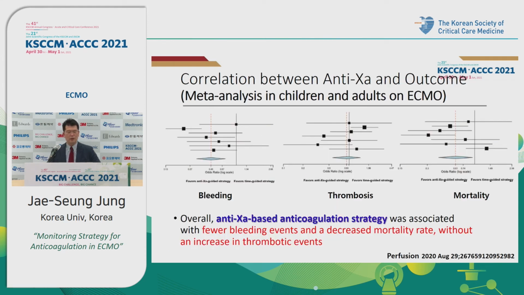Another meta-analysis was published recently, last year. As you can see, overall anti-10A based anticoagulation strategy was associated with fewer bleeding events in the left graph, and decreased mortality rate in the right graph, without any increased thrombotic events.